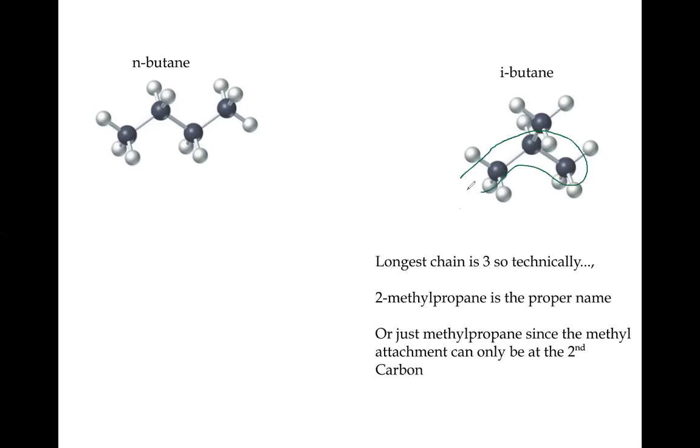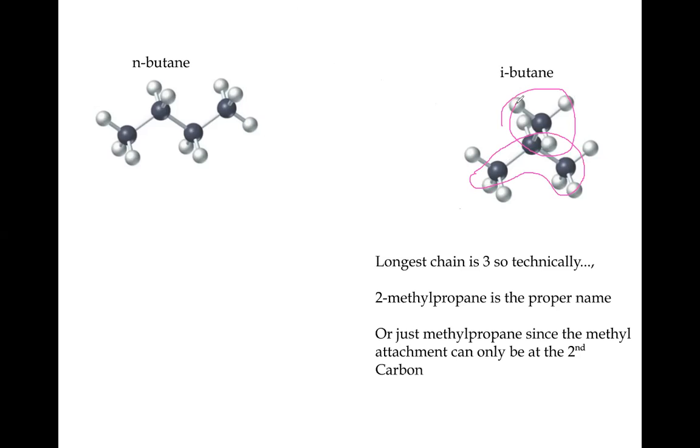the longest chain is 3. It doesn't matter if you circle it like that. You can also look at it as being, this is the longest chain, doesn't matter. Either way, this middle carbon has a branch. This is the longest chain, 1, 2, 3, and then there's this methyl group coming off that middle one.